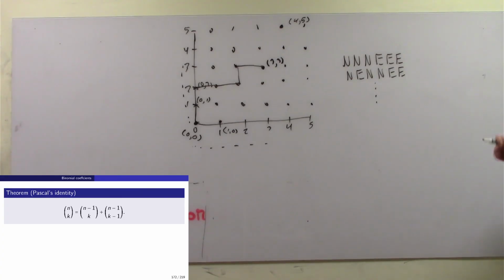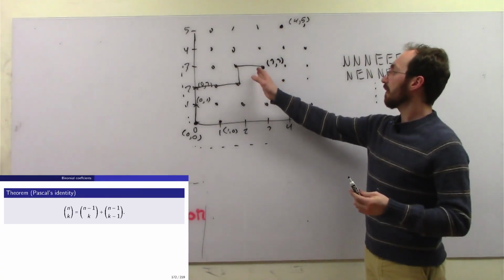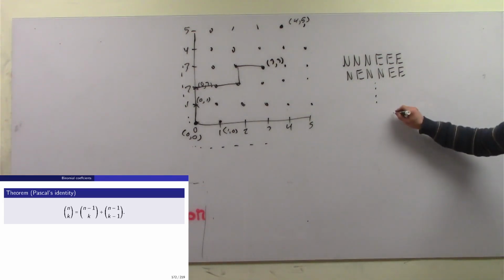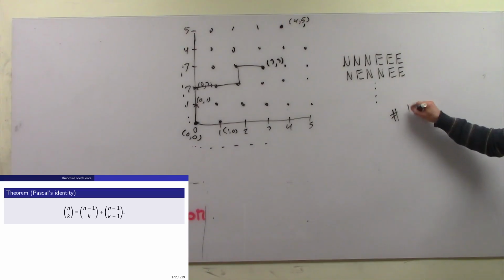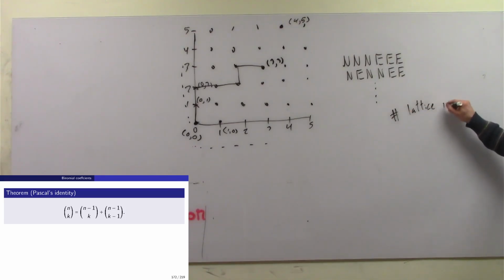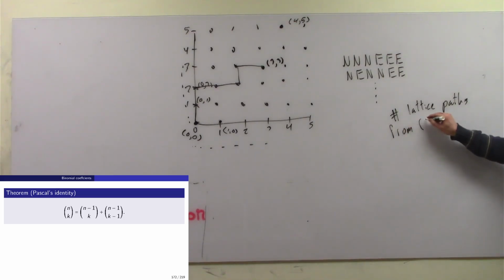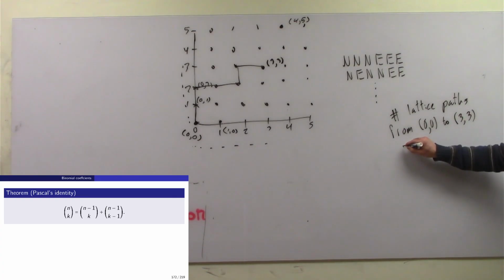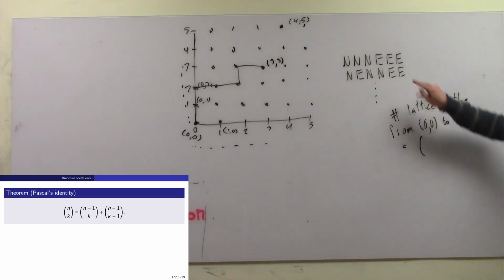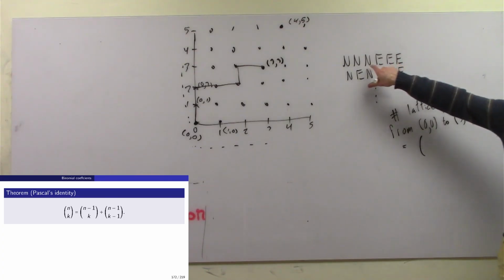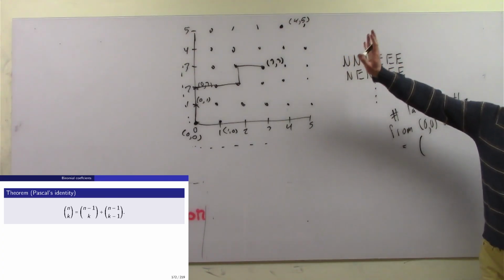So, in this particular case, let's write this: the number of lattice paths from 0,0 to 3,3 is, well, we have 6 possible positions for, say, just our north moves.